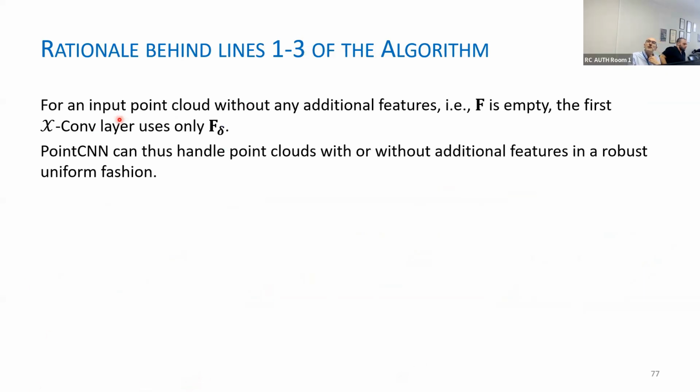You can see also this comment here: for an input point cloud without any additional features, you can also work with just the coordinates of the points, and in that case only the transformation of the points is used.